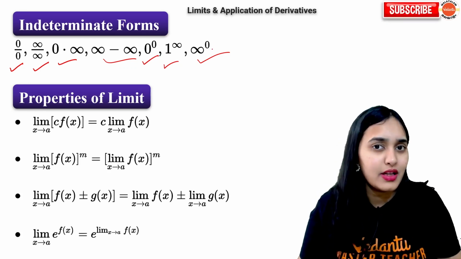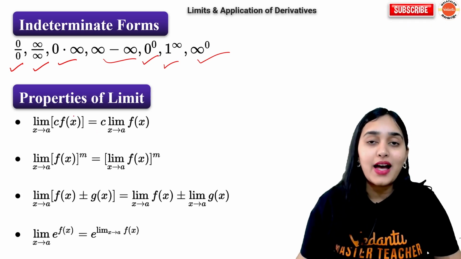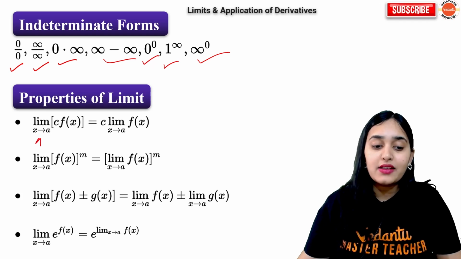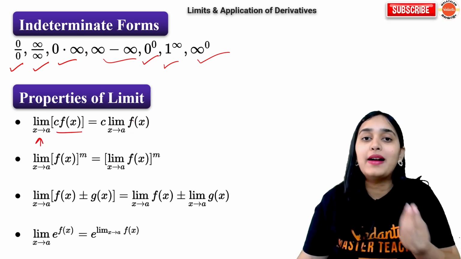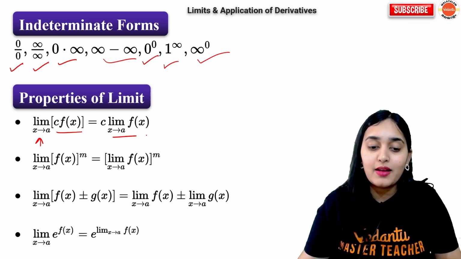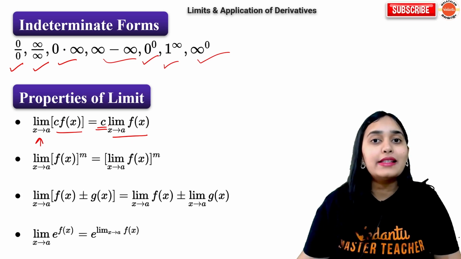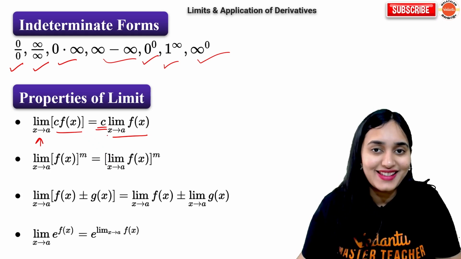Okay, so we'll learn about them one by one, but before that, let's remember the formulas and the properties of limit. Property number 1, limit x tends to a, c of function. So basically, a constant multiplied with a function is basically the limit of the function multiplied with a constant, because for a constant, there is no limit. Only we can apply limits to functions, right?